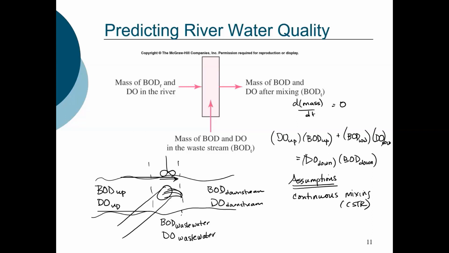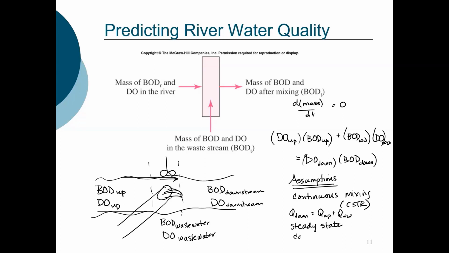Assumption then is, okay, I'm assuming flow in equals flow out. Okay, good. So Q downstream equals Q up plus Q wastewater. So we have no loss of flow. But if I assume that the change in mass with respect to time is equal to 0, what is that referred to as? Steady state.